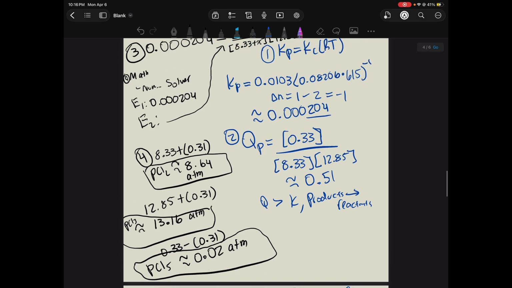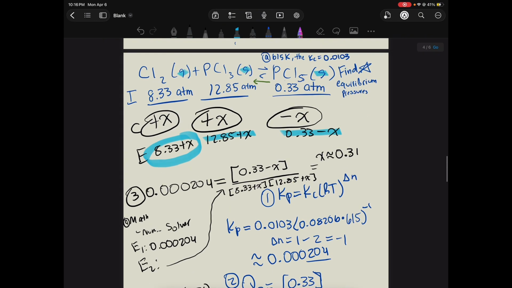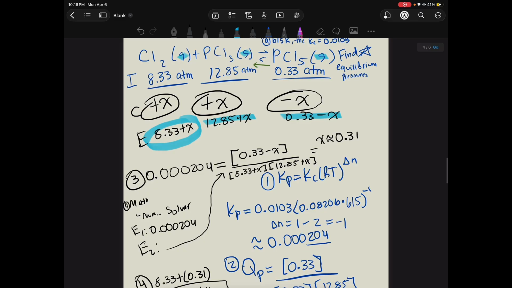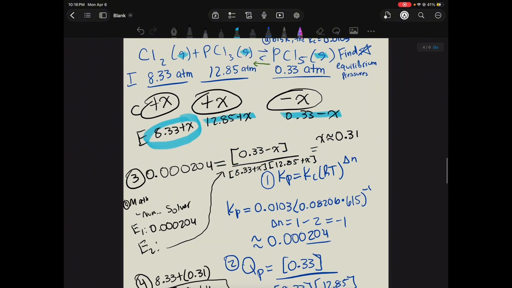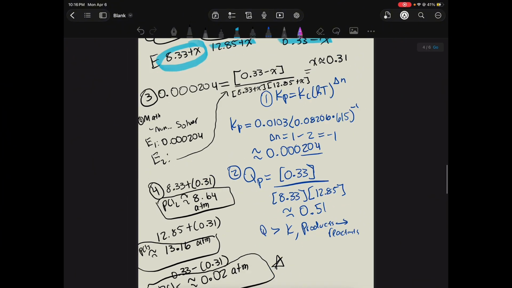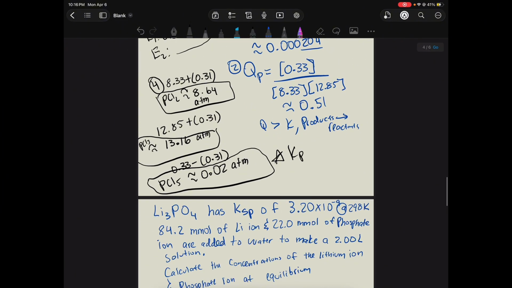Some key takeaways from this specific problem is that you have to always remember to convert Kc to Kp or vice versa when solving these types of problems that involve the concentration equilibrium constant as well as the pressure equilibrium constant. Through converting, we have to remember the equation Kp is equal to Kc times RT to the power of delta N, where T is always going to be in degrees Kelvin.